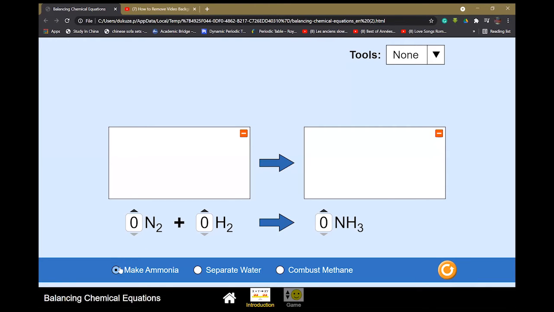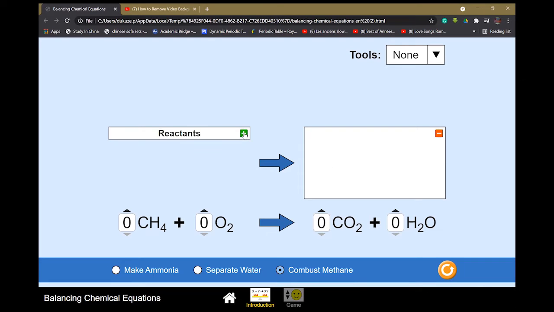And here we can balance the equation involved when we produce ammonia from its constituent elements. We can also balance the equation when water decomposes to give its constituent elements. And we can also balance the equation when we combust methane to produce carbon dioxide and water.